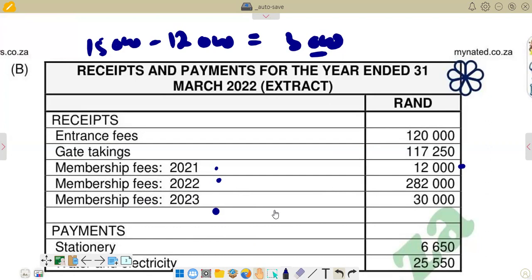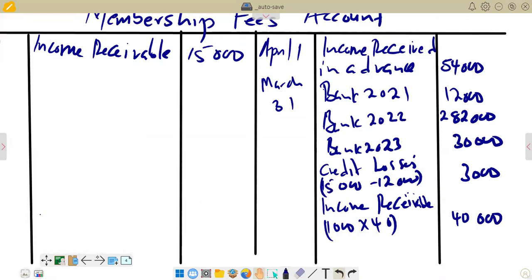So we're just going to put it on the opposite side. That is the debit side, according to the summary that we gave there. So we go to the other section, go to the debit side, and put it as income received in advance, which is our 30,000. Or we can say membership fees received in advance.